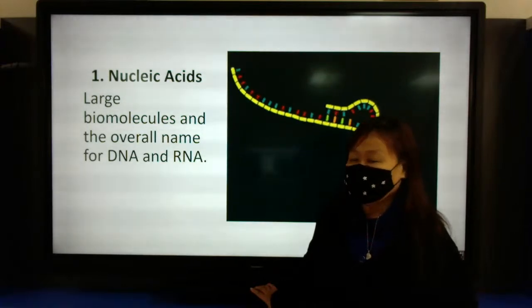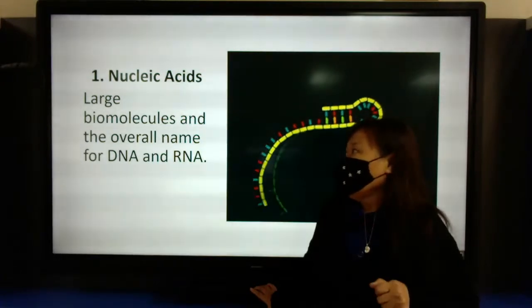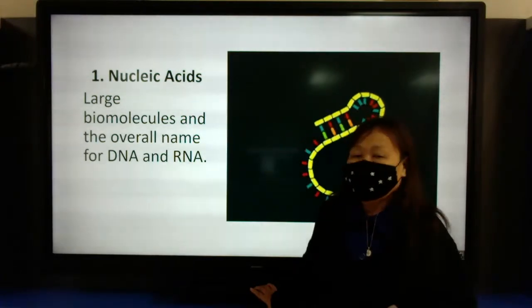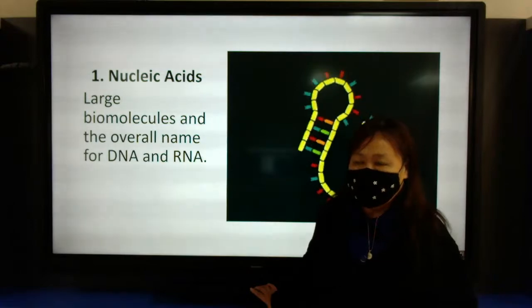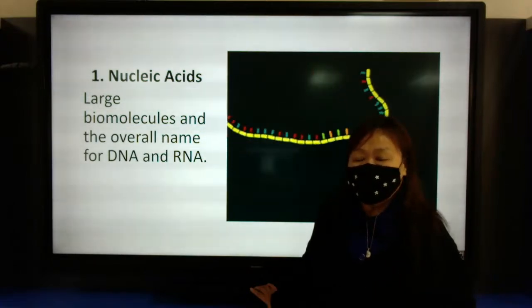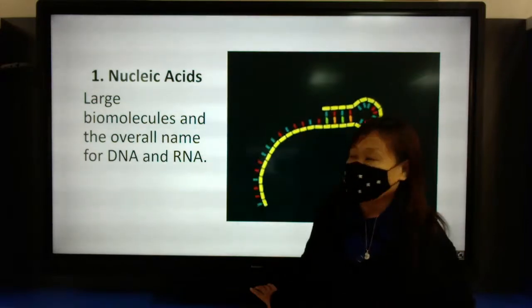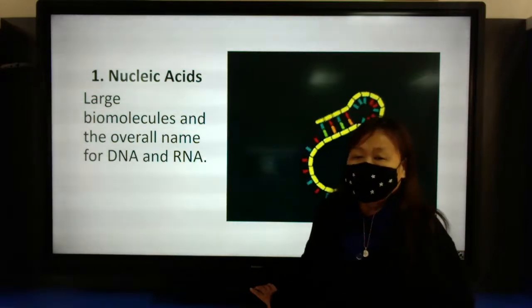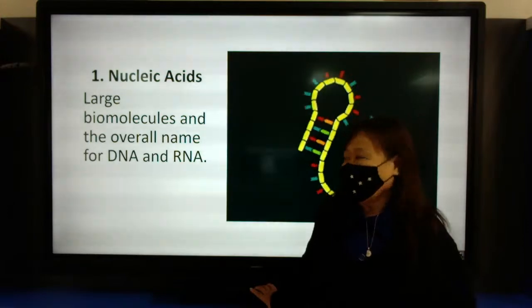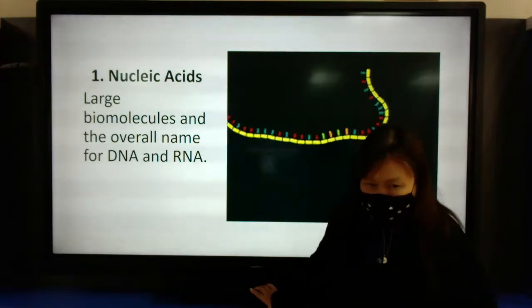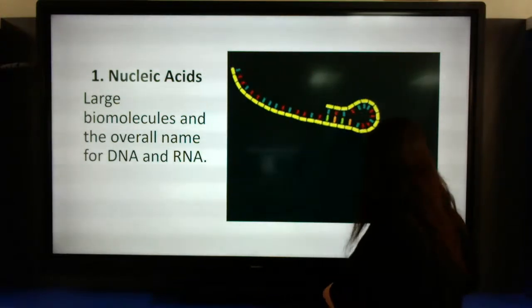This is the common term that we use. Nucleic acids are large biomolecules. When we say biomolecules, these are molecules found in living things, from the term bio. And this is the common name that we use for DNA and RNA.